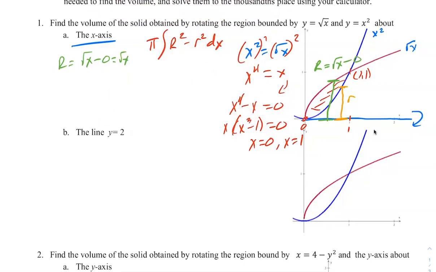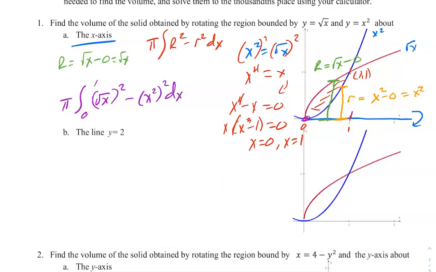That's little r. And that's going to be x squared minus 0, or just x squared. So once we have that, we sub it into our formula. We're going to go from 0 to 1 of big R, which is radical x squared, minus little r, x squared, dx.